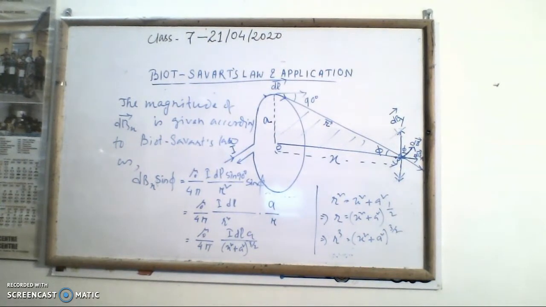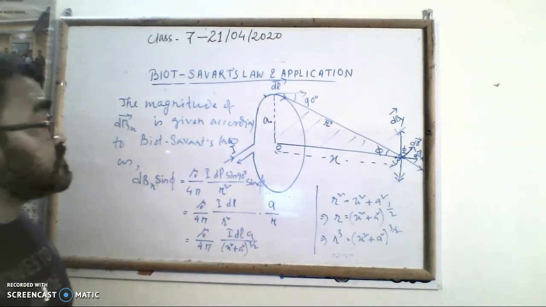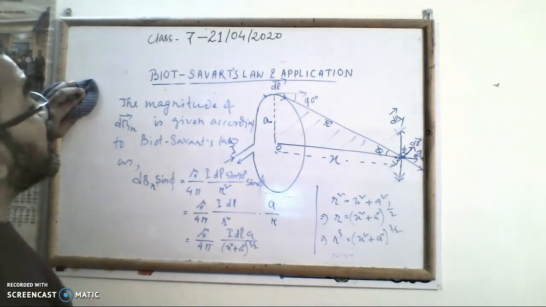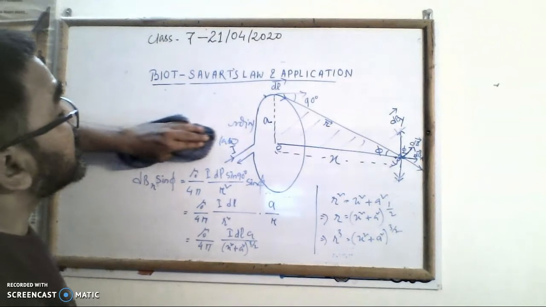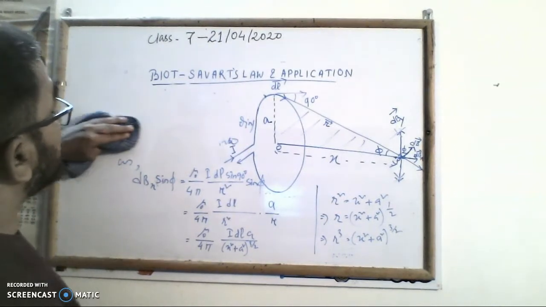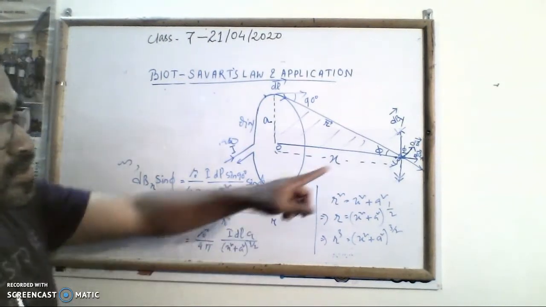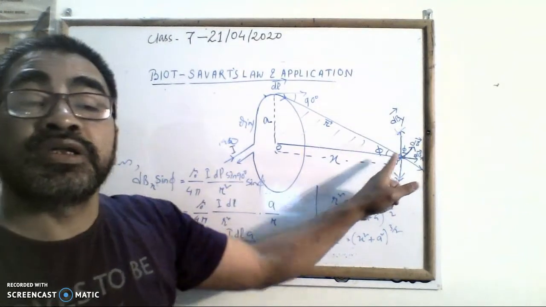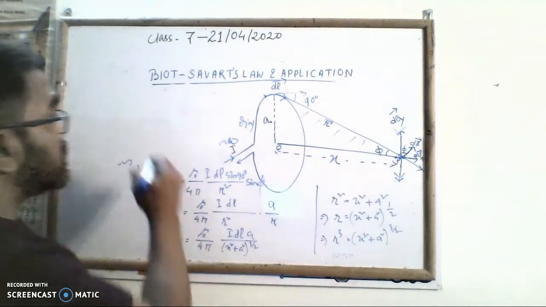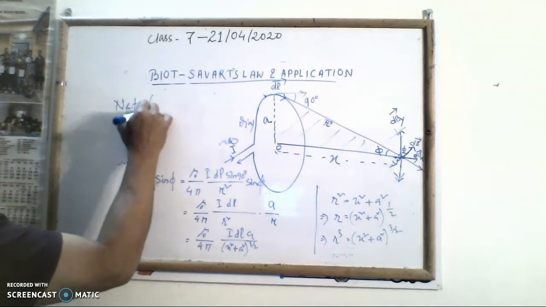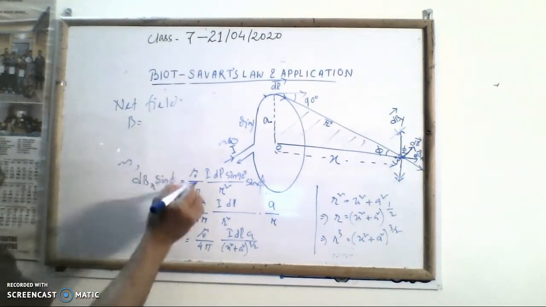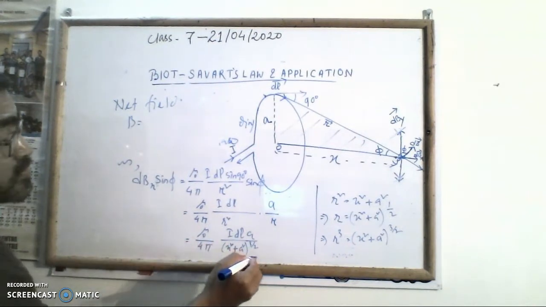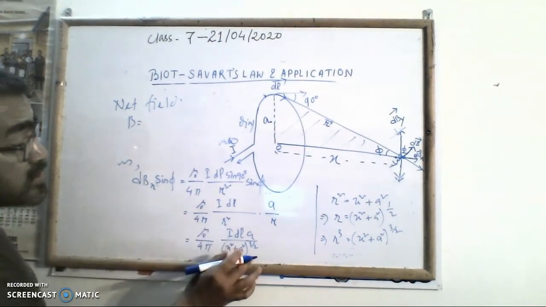Okay. Now another point comes. You have to find the net magnetic effect at this point. So for the net field, B is equal to the integration; you have to integrate both the left hand side and the right hand side.